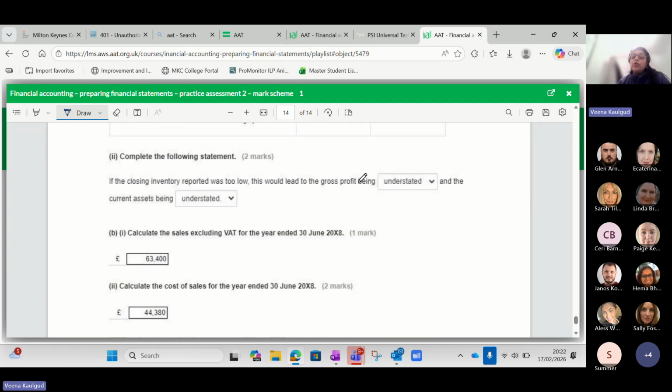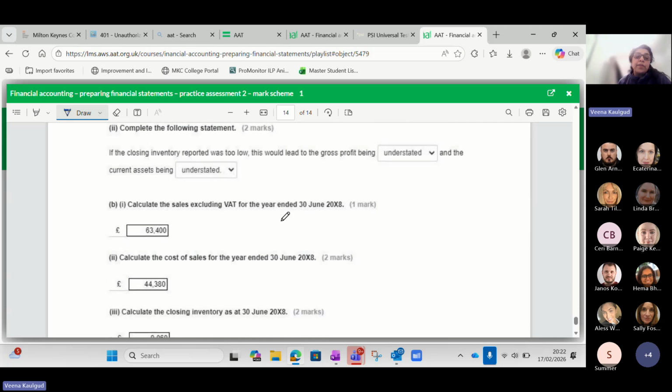Because you are subtracting a smaller number, surely your gross profit is understated. Because your assets are low, it means you are understating your current assets as well.